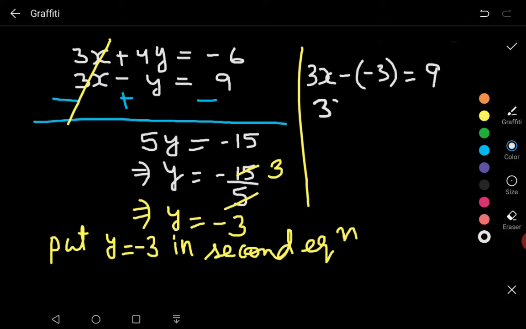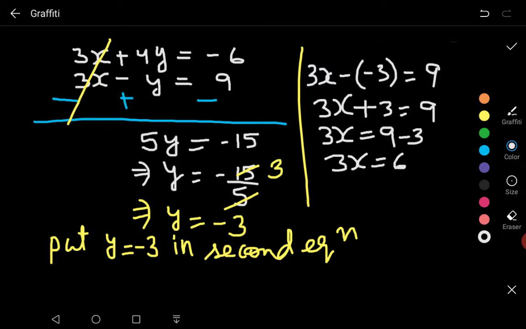So it will be 3x plus 3 is equal to 9. 3x will be 9 minus 3, so 3x will be 6 here, and the value of x will be 6 upon 3. So it will be 2.